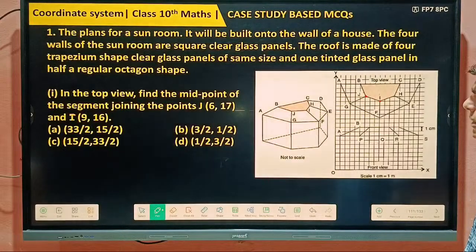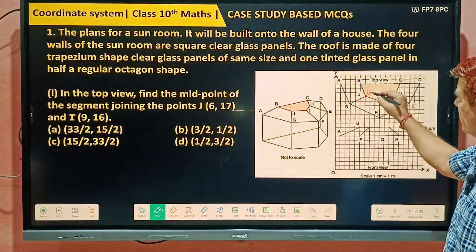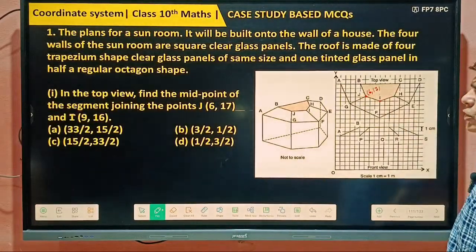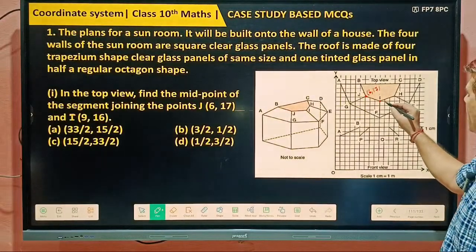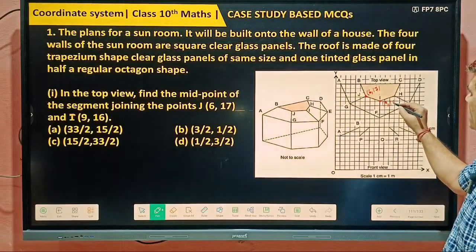Understood? And what's given? Coordinates of J are 6 and 17, and coordinates of I are 9 and 16.